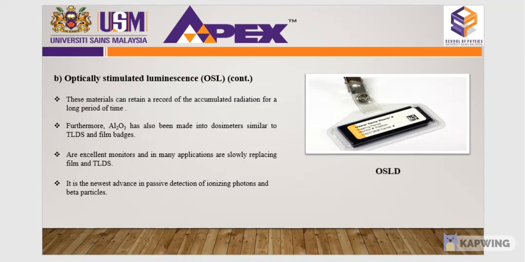Furthermore, Al2O3, which is activated aluminum oxide, has also been made into dosimeters similar to TLDs and film badges. They are excellent monitors, and in many applications are slowly replacing film and TLDs. In this new advance, they measure the exposure of ionizing photons and beta particles.